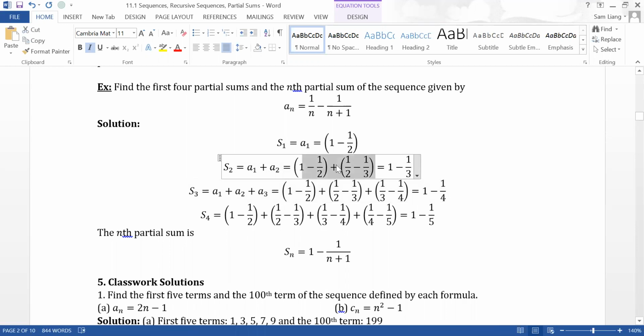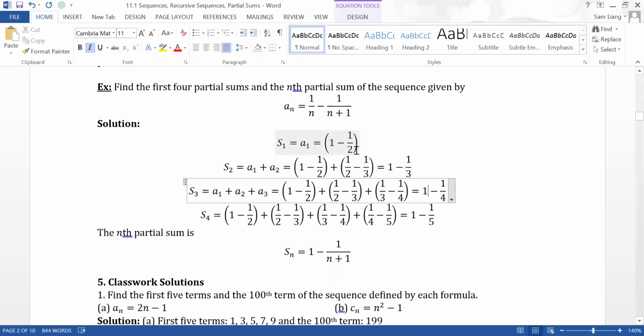This part is A sub 1 plus A sub 2, and we add in A3. The terms in the middle, between the first and last numbers, are going to sum to 0. Negative 1/2 plus 1/2 is 0, negative 1/3 plus 1/3 is 0, and we end up with 1 minus 1/4. Hopefully by now you should see the pattern.